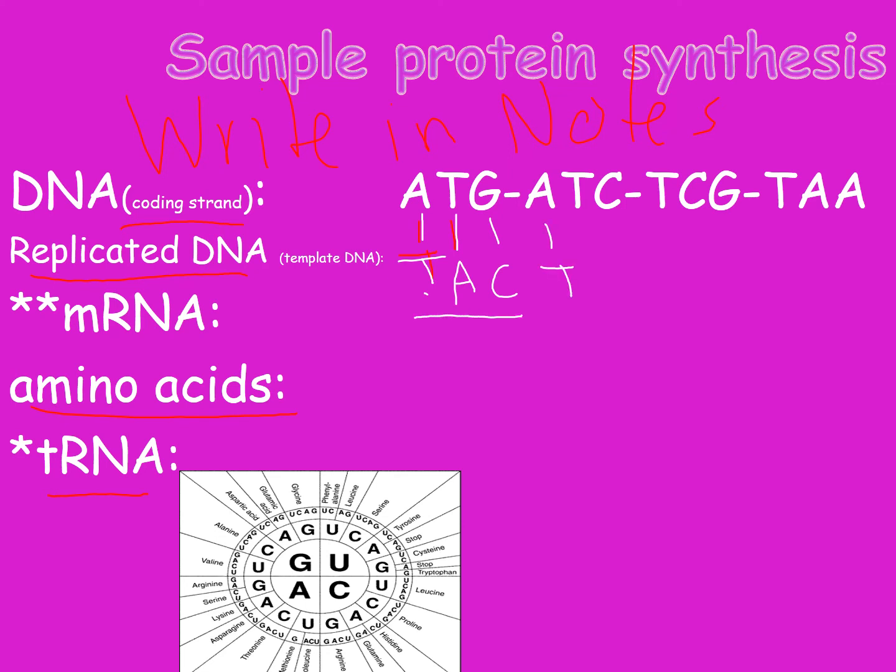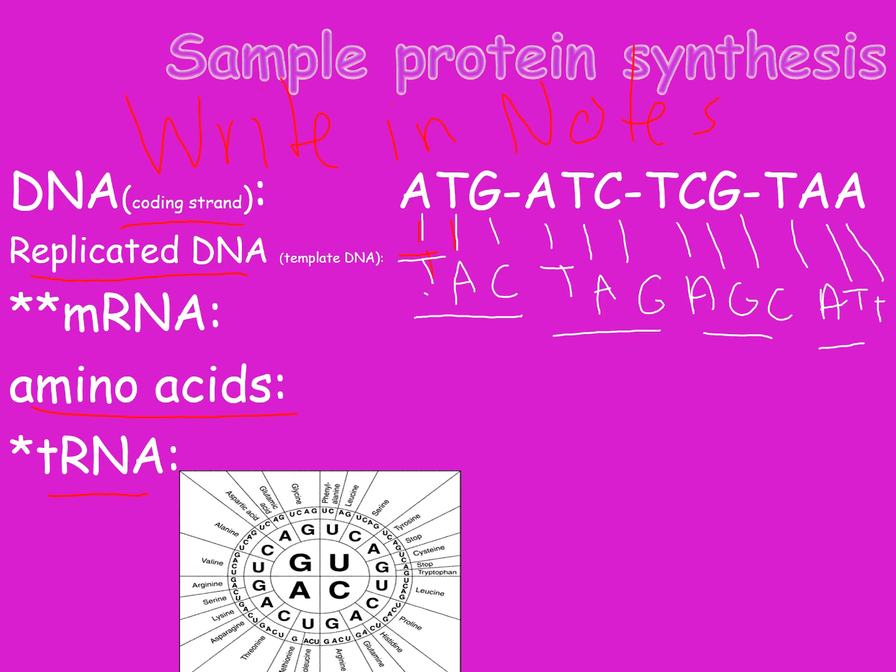A goes to T, T goes to A, C goes to G. Second, T goes to A, C goes to G, G goes to C. Last one, T goes to A, A goes to T. All right. So now I just made replicated DNA. Now this is going to be a little bit off.